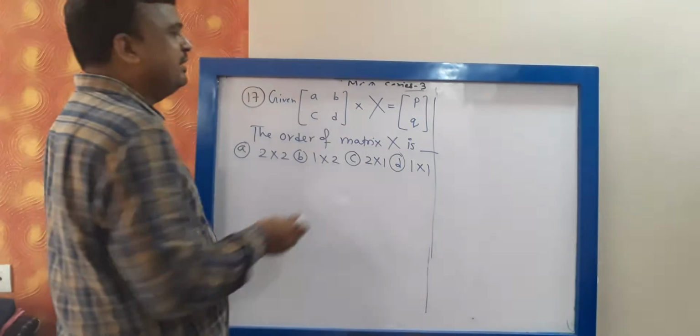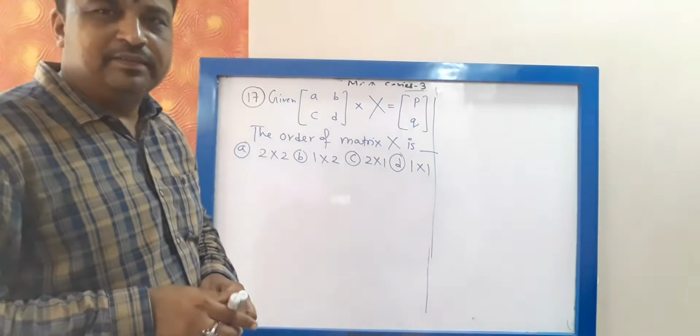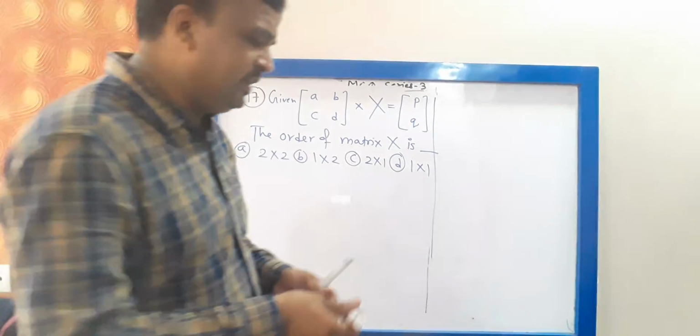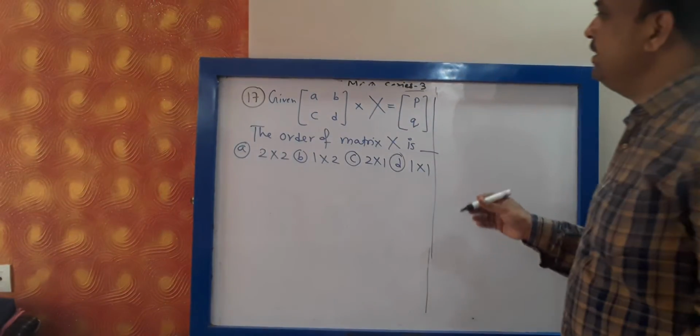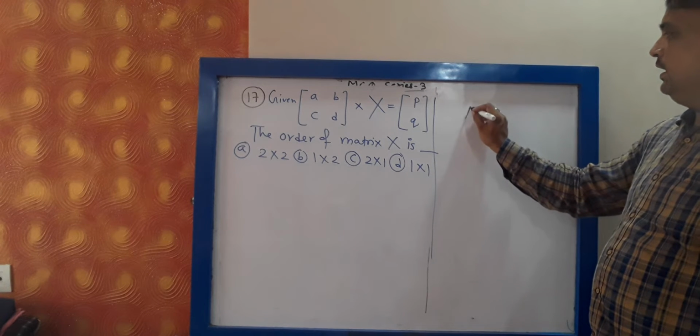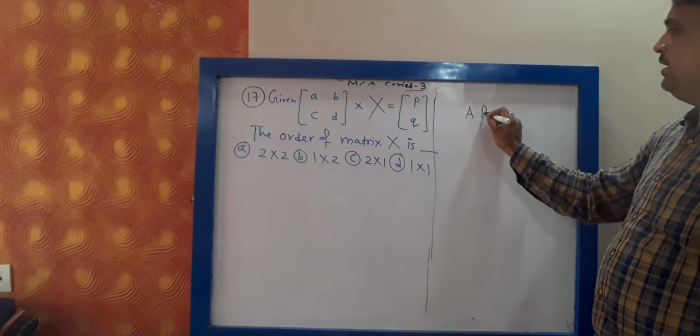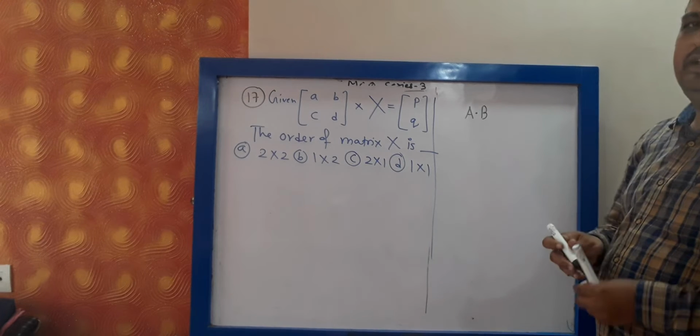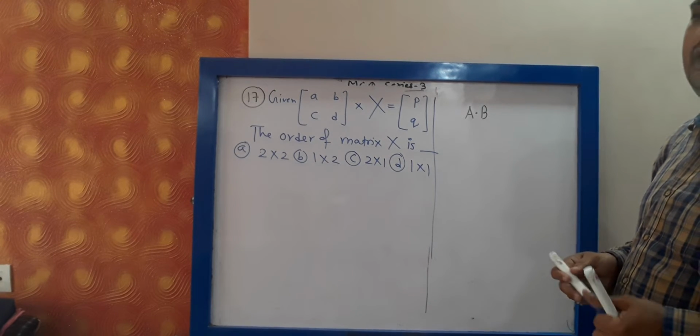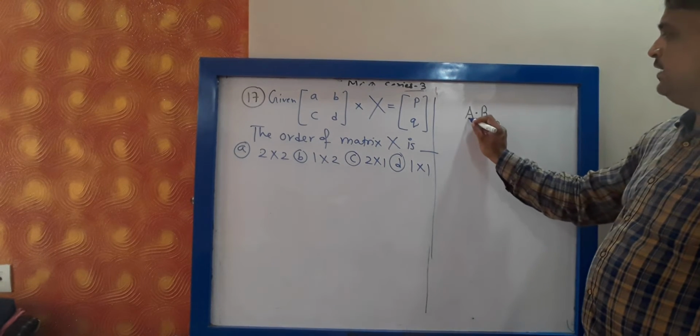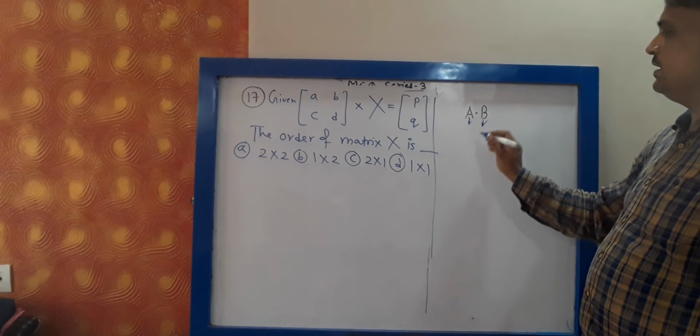So this is relating to matrix multiplication. So let us discuss when we can multiply two matrices, A and B. A into B. A is my first matrix, B is my second matrix.